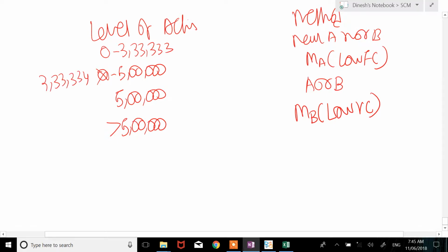I'm not bothered about 375 because already I have broken even with method A. The 375 is of no use. 3,33,333 is the minimum volume I need. If I am not going to get 333, then let me not even introduce the magazine.